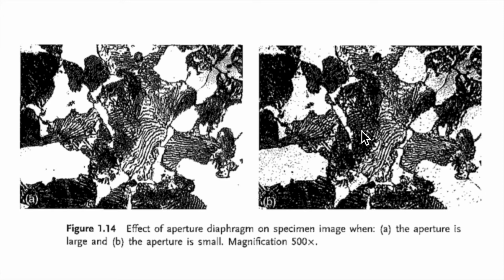So the point I want to get across here is that we don't always need the best focus or resolution to obtain the best images. We often need to think about other things: contrast, brightness, all the things that we've looked at in these cases.